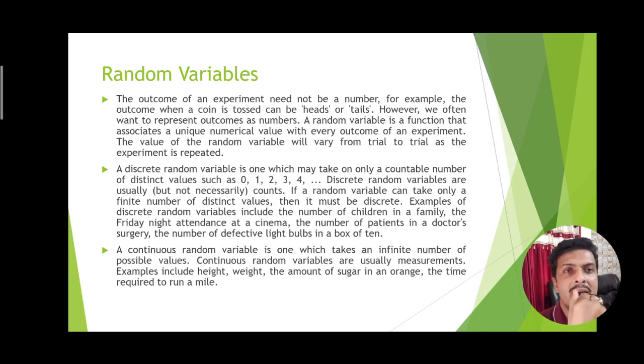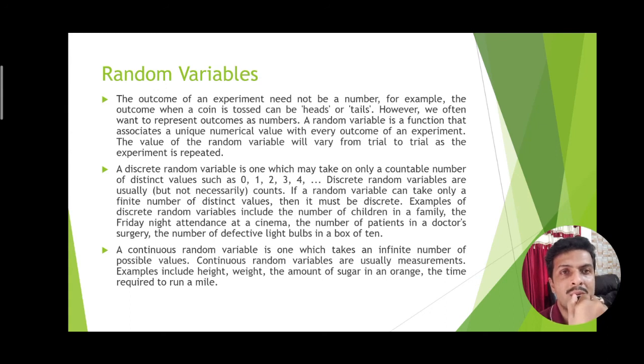Random variable is another statistical tool which is important for digital communication, where every outcome of a random experiment should be numbered. Suppose there are heads and tails for tossing a coin.